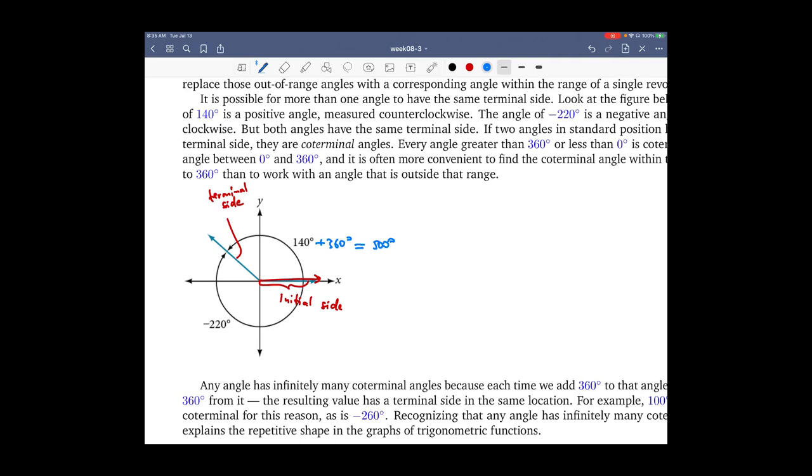For many reasons, in many contexts, we will not be interested in the degree measurements of an angle, but rather we will be interested in the point on the circle to which this angle corresponds. From that point of view, all three angles are identical. The angle of 140 degrees, the angle of negative 220 degrees, and the angle of 500 degrees all result in the same point on the circle.